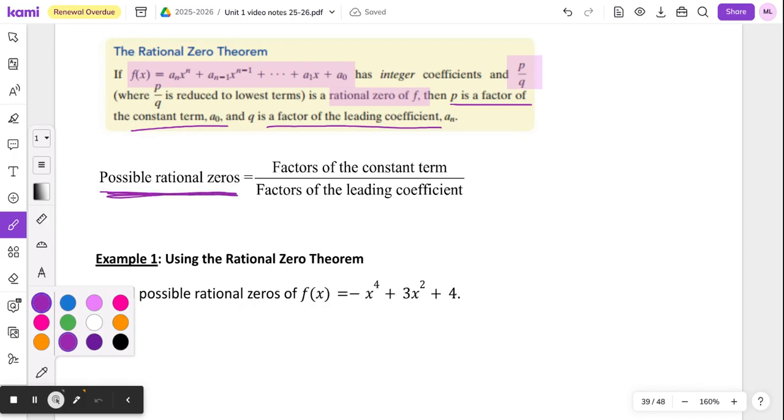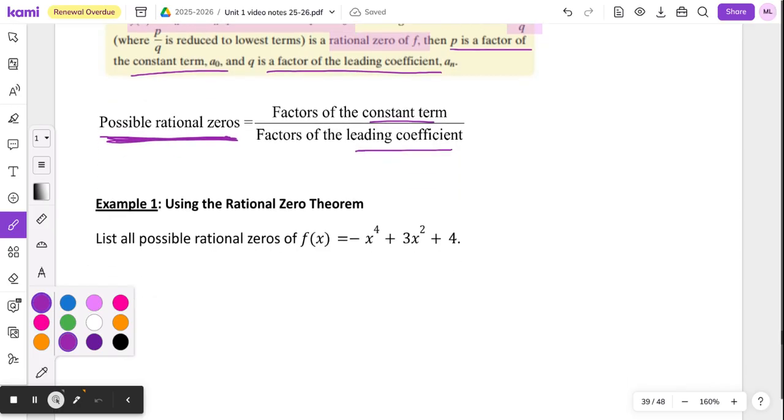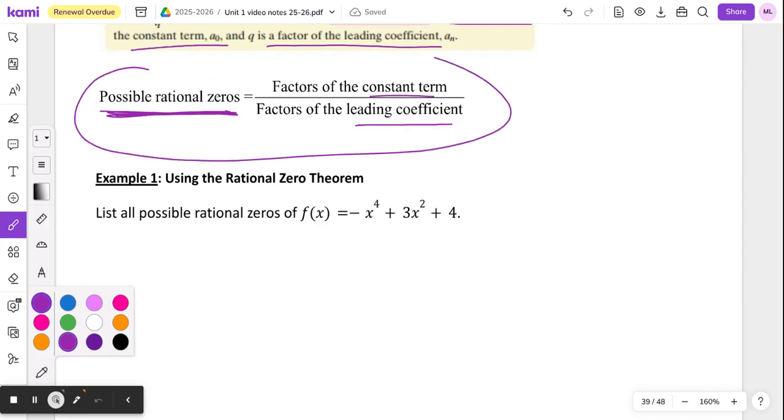So that means possible rational zeros is the ratio of the factors of the constant term over the factors of the leading coefficient. Okay, so this is what we need to know.